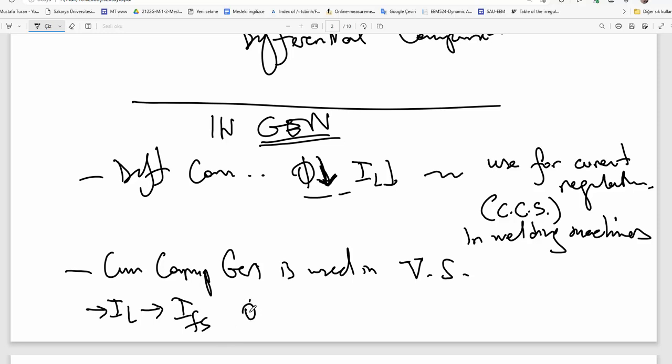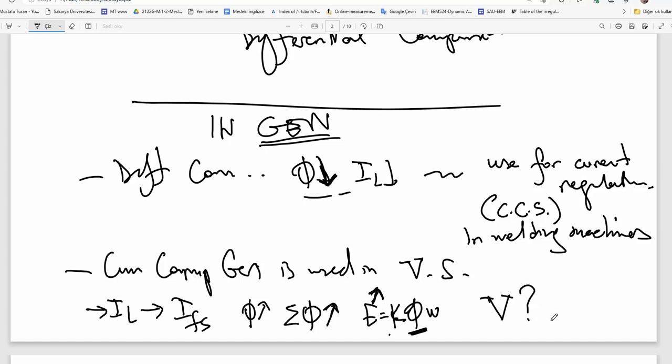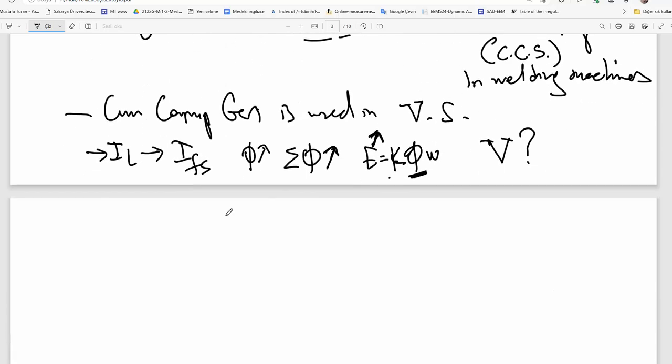If that field makes a contribution to the shunt field, total flux will increase. As a result of the total flux increase, there is an EMF increase, and possibly a constant output voltage.